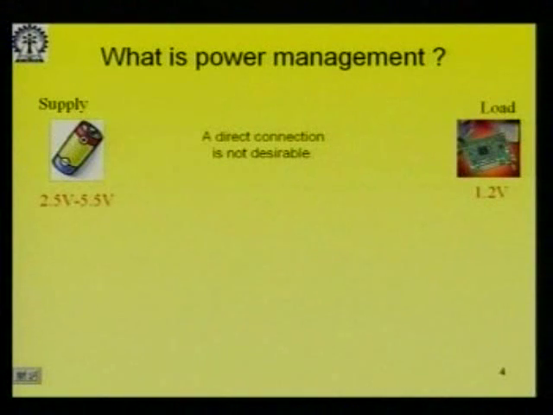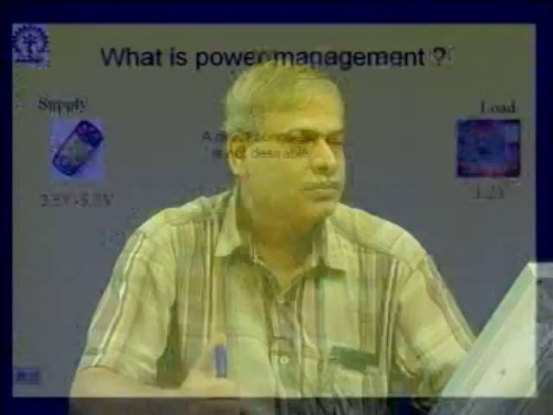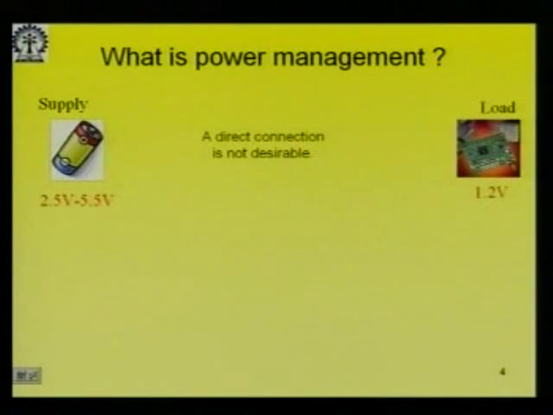I think the other lecturers must have told you why the voltage is going down to smaller and smaller levels, mainly to reduce the power consumption. So when we are scaling down the voltage, that itself is an indication that we are going in for power management in some way, because with the all pervasiveness of digital equipment, cell phones, PDAs, cameras, all these modern consumer electronic equipment, laptop computers, the total power being consumed by all these devices is no longer small.